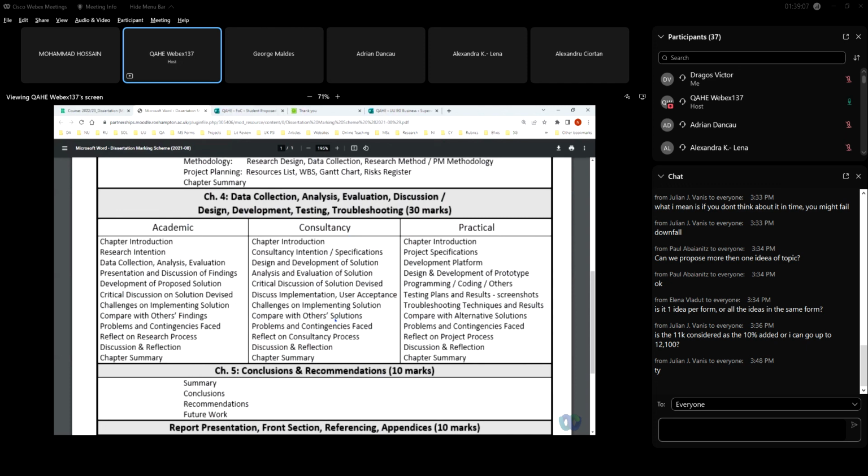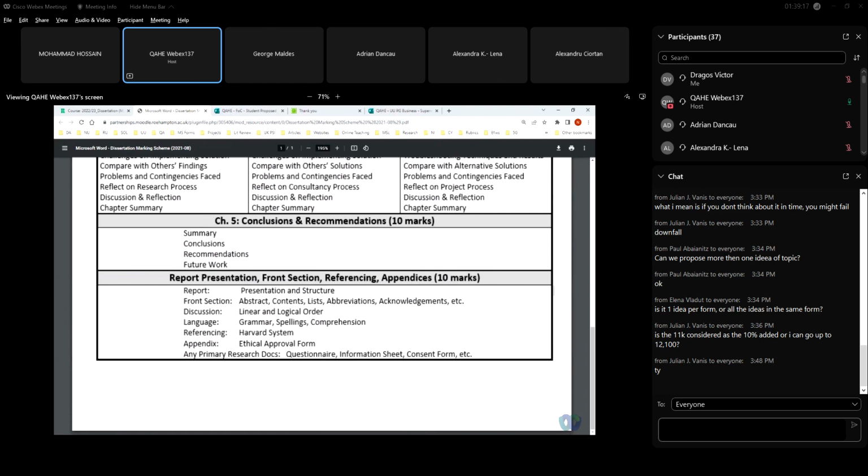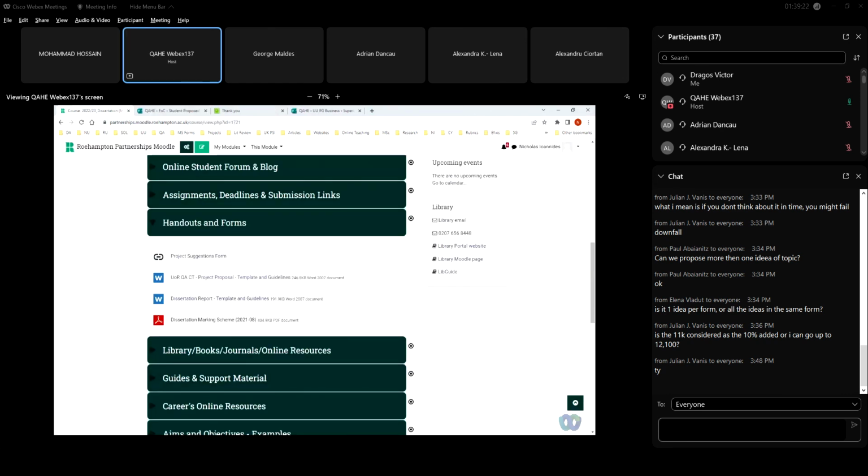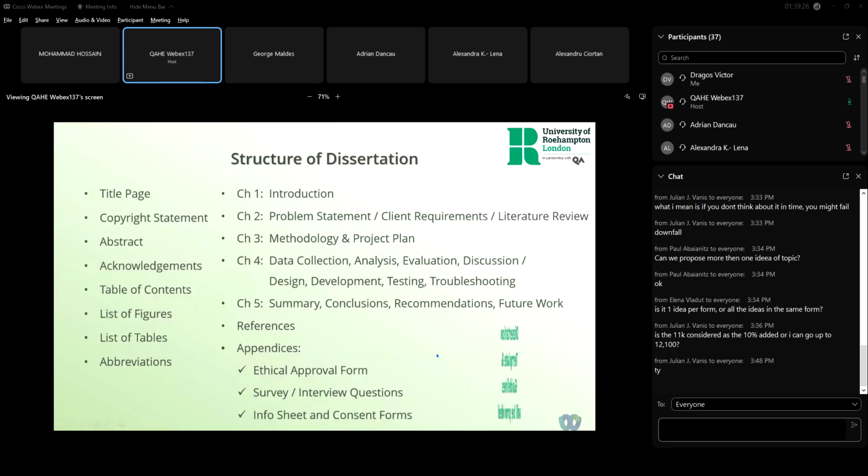Then comparison of findings, contingencies faced, reflection, discussion, and summary. Okay, so everything is there for you, right? So the template is already there.